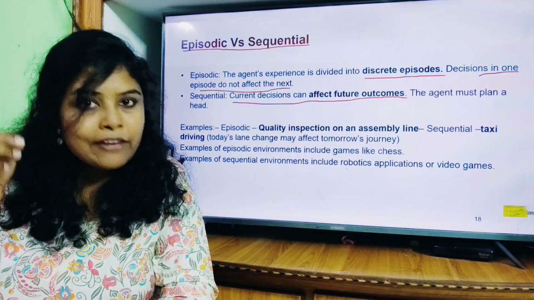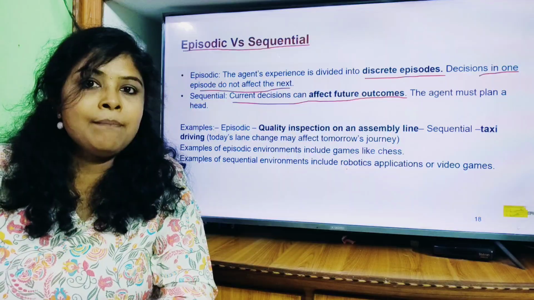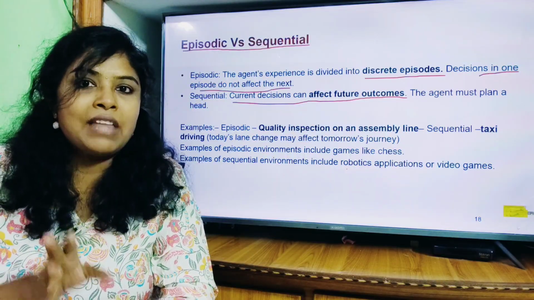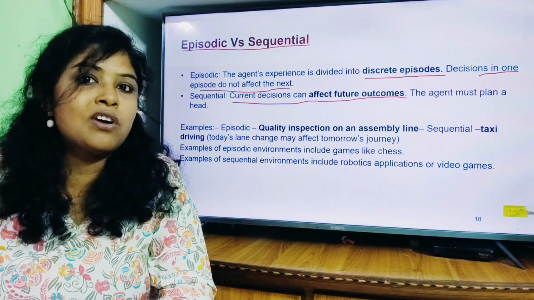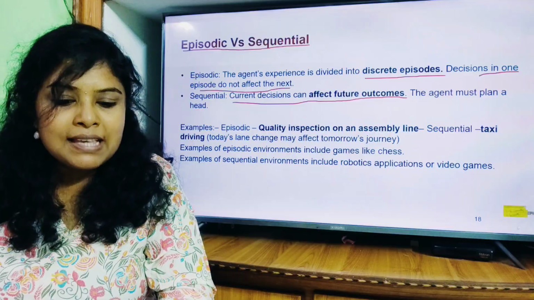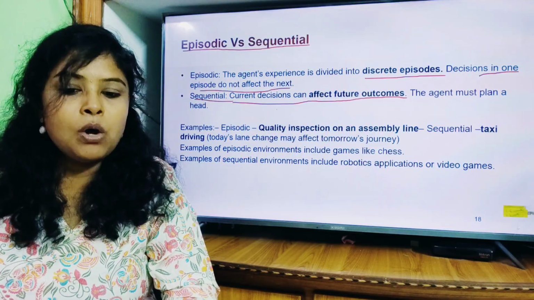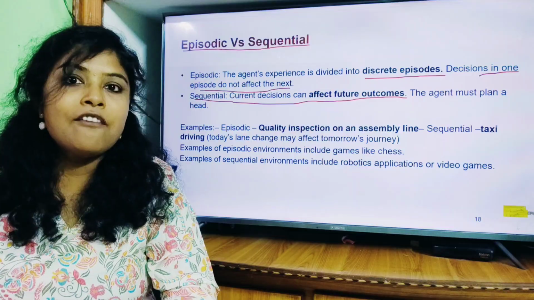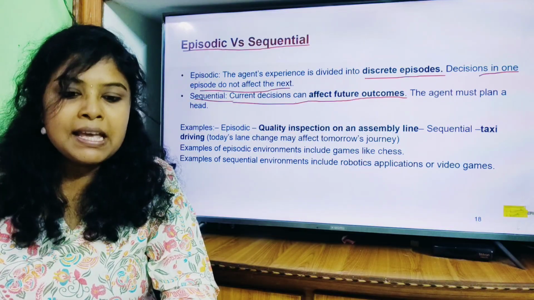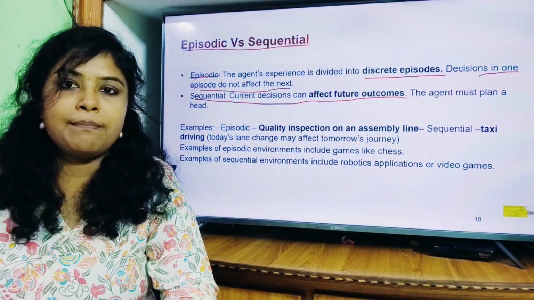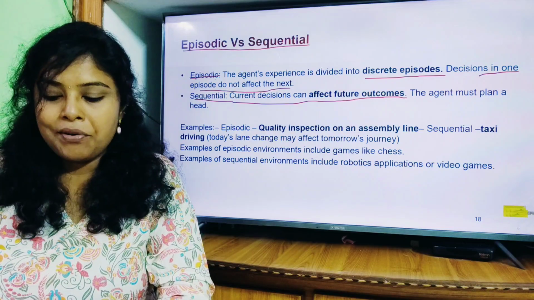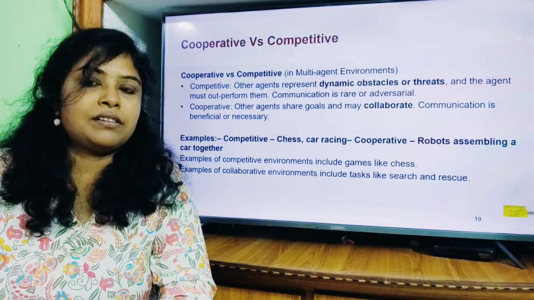If we lose one life now, then throughout our game we have lost one life. That is going to impact the rest of the game. So in a sequential setup, one particular decision will affect the future outcomes. In an episodic environment, each episode is going to be independent of each other.